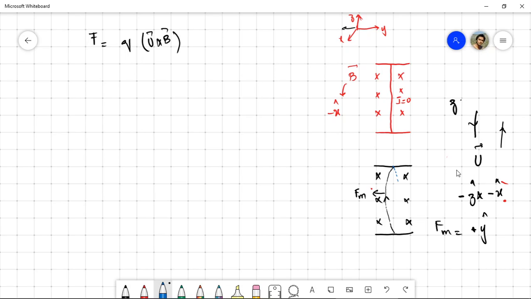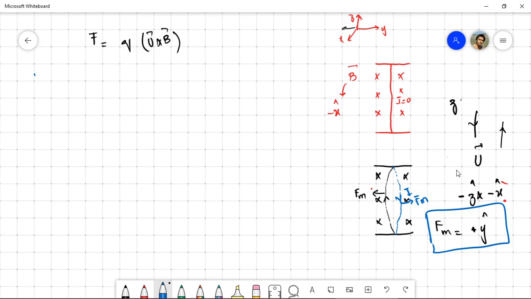So if the movement of current is like this, then Fm will be in the y hat direction. This is how the magnetic force acts on a current carrying conductor. Now he says that in order to quantify the relationship between the current I and Fm, let's consider a small segment of a wire with area.